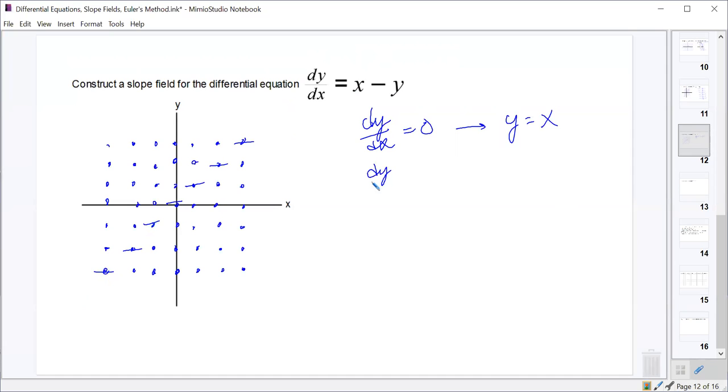And what about when dy/dx equals 1? Along what line should those be? Y equals what?